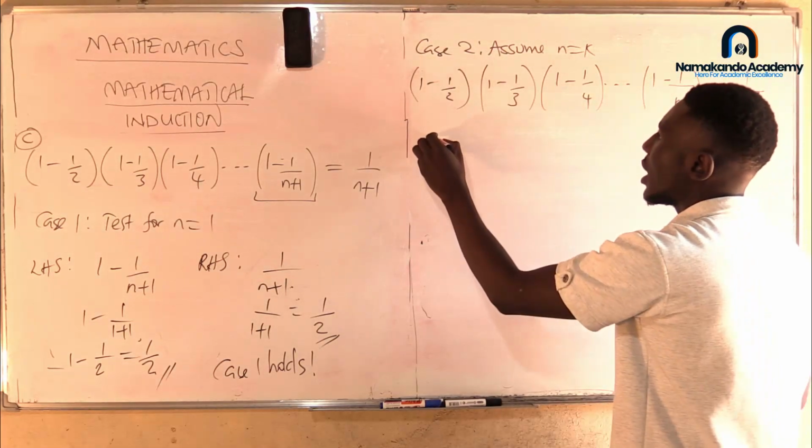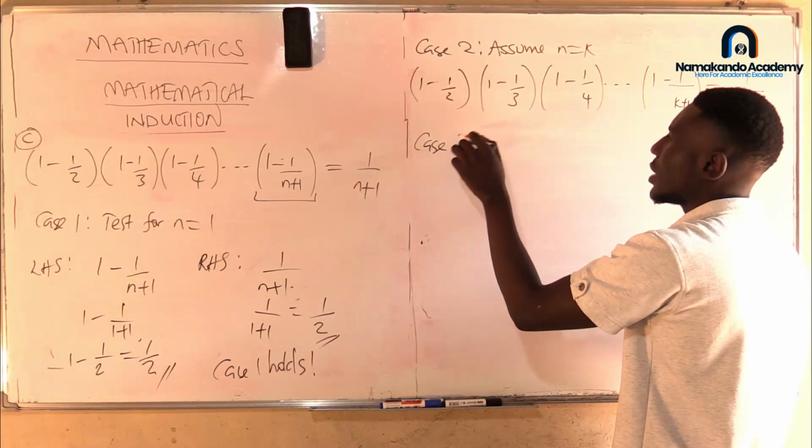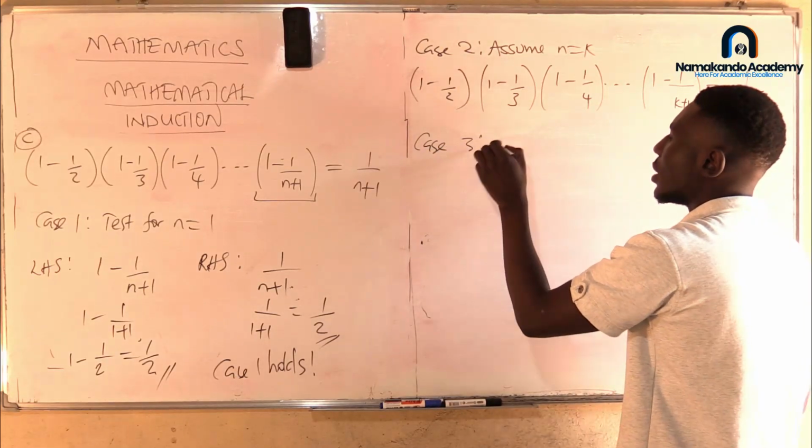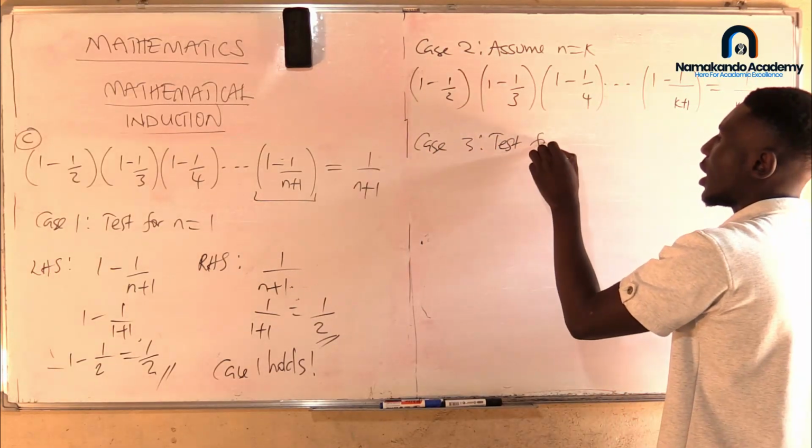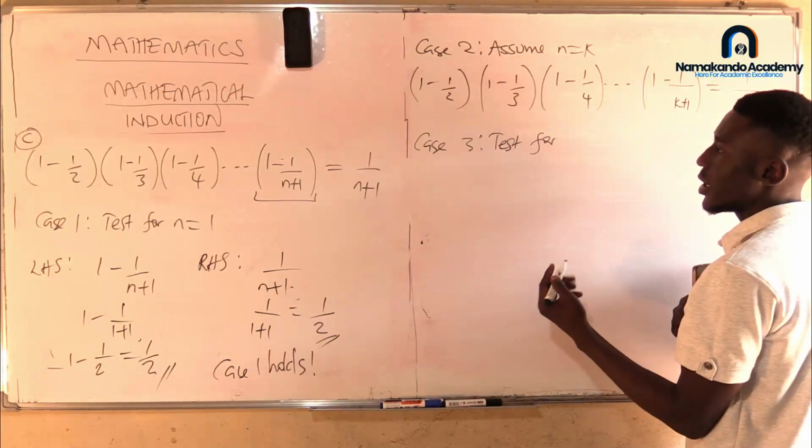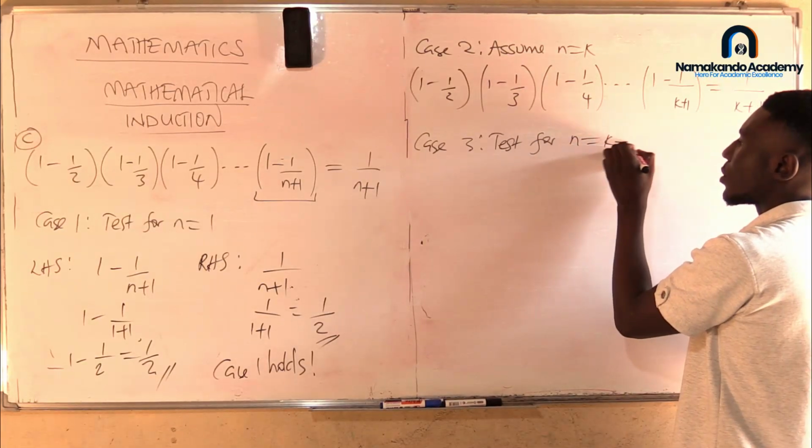Then we move on to the last case, case 3. Here we test again. We are testing for the second time, this time for n equals k plus 1.